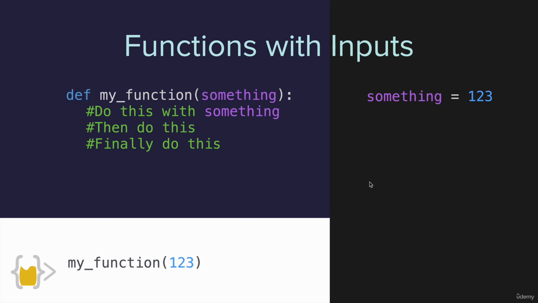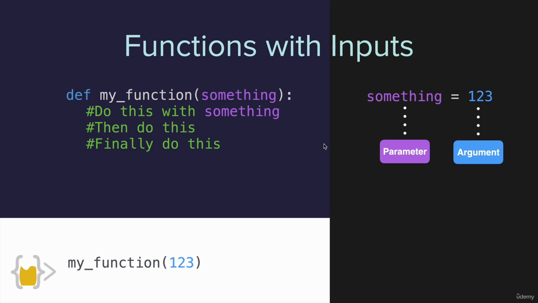Now, in programming lingo, you'll hear this being referred to as the parameter, and this piece of data being referred to as the argument. The argument is the actual piece of data that's going to be passed over to this function when it's being called, whereas the parameter is the name of that data, and we use the parameter inside the function to refer to it and to do things with it.